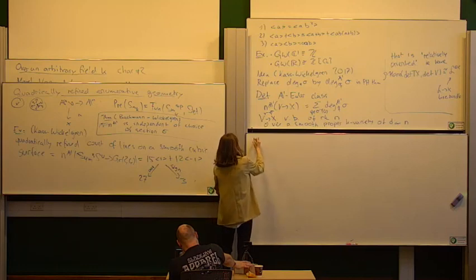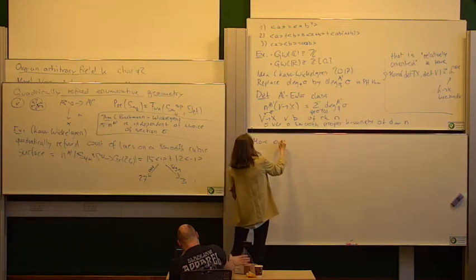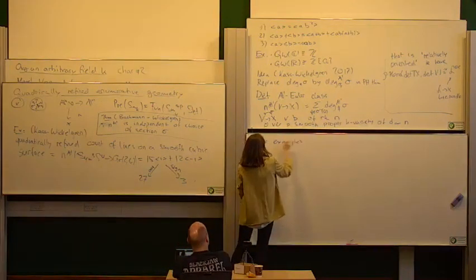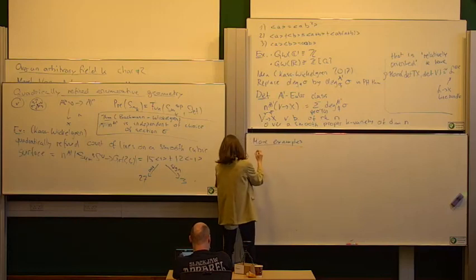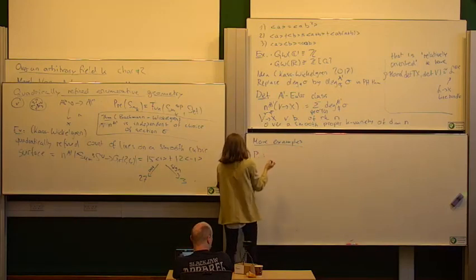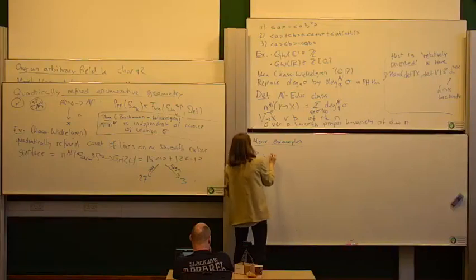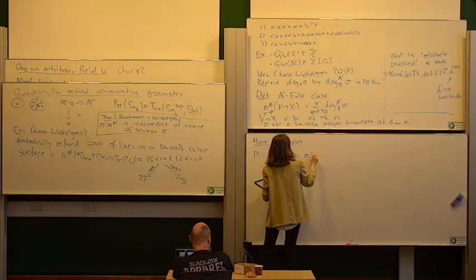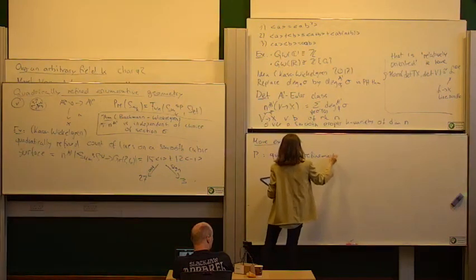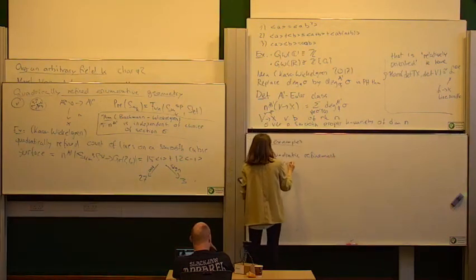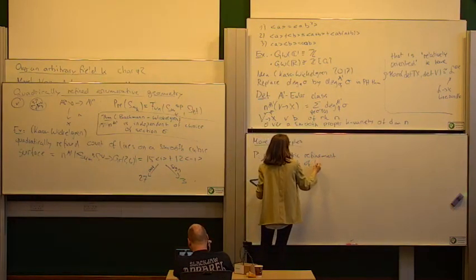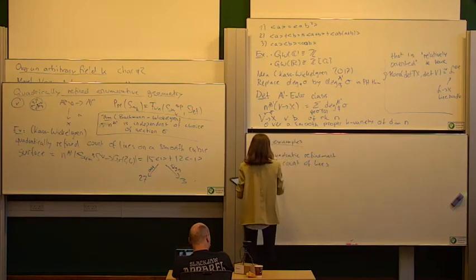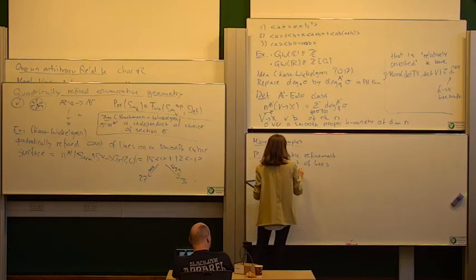But I finally got there. So this is me. So I computed the quadratic refinement of the count of lines on a quintic threefold.